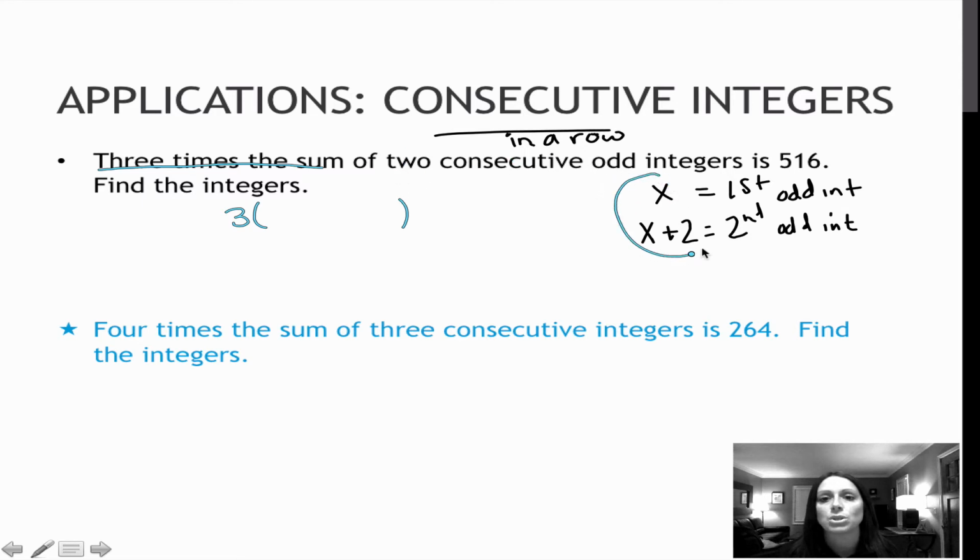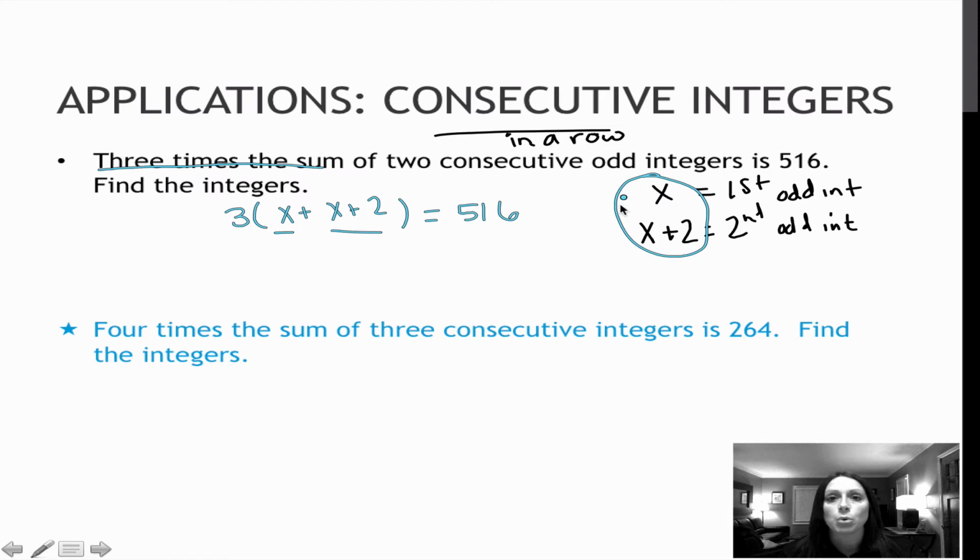That's these 2 that we just came up with. So x is the first and x plus 2 is the second. So a common mistake is people just say 3 times the quantity of x plus 2. This is my first number. This is my second number. So 3 times the sum of these 2 values is 516. So here's our new equation.